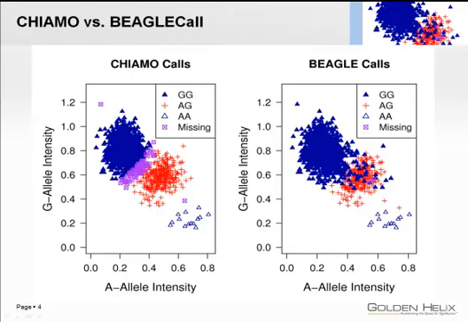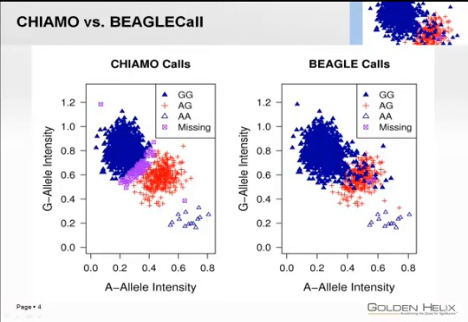Now, what BEAGLECALL can do is actually deal with the case when the clusters are so overlapped that it's actually disentangling overlapping clusters. Now, people look at this plot and they say, well, how could you say that those blue ones are really GGs and that is AG?